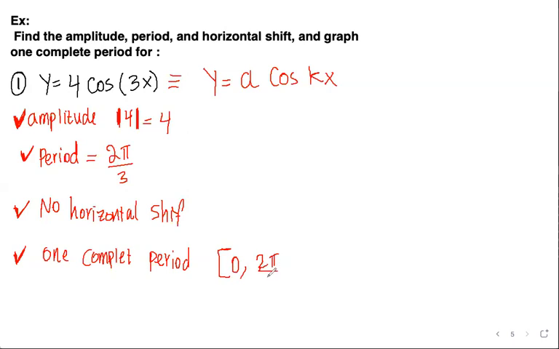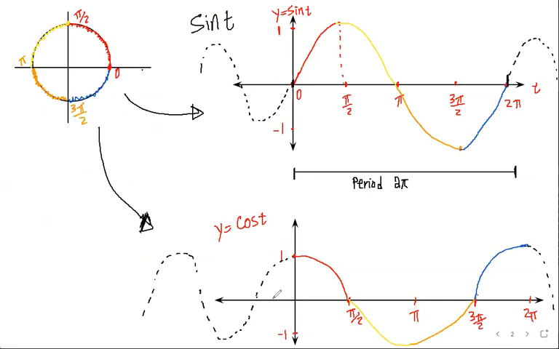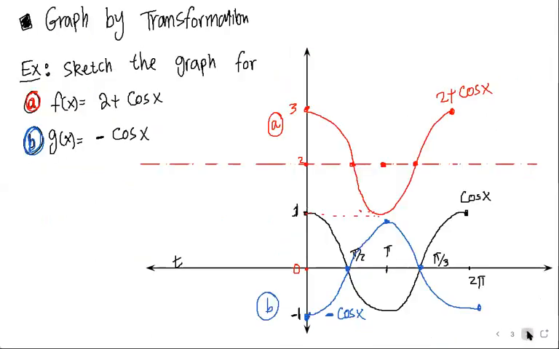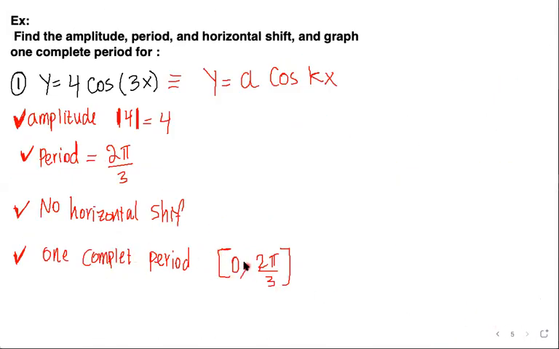I mean a complete period like from here to here, or from here to here. This is one complete period. The one complete period is from 0 to 2 pi over 3.